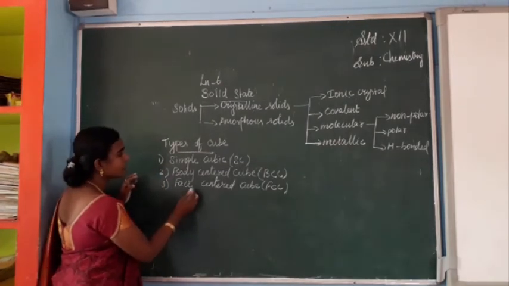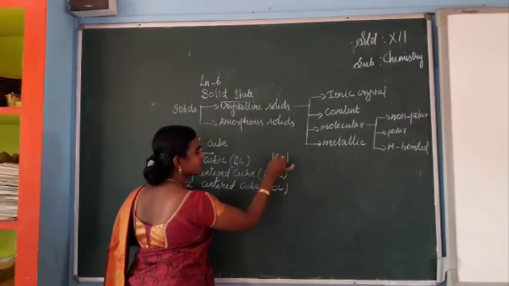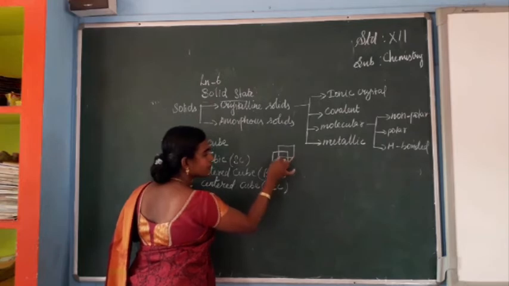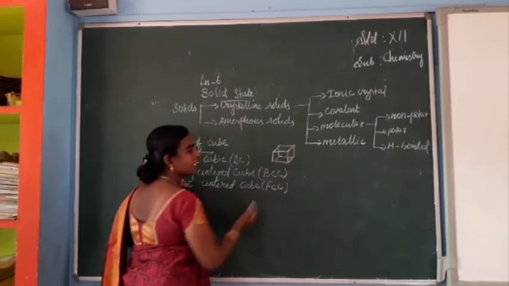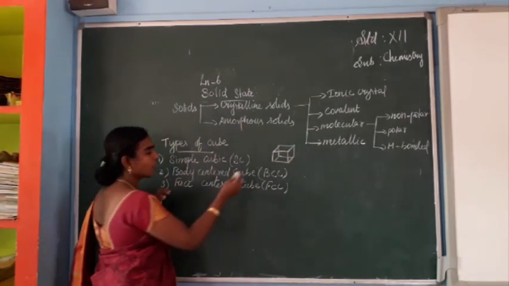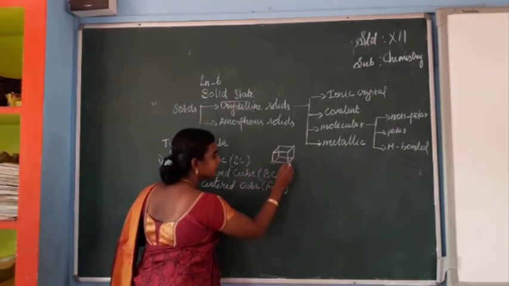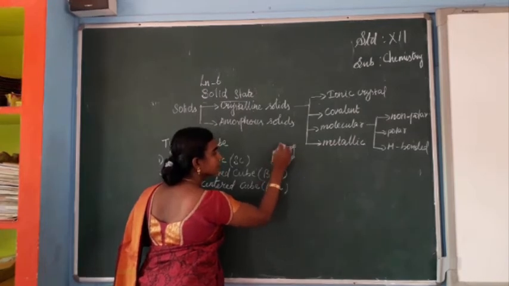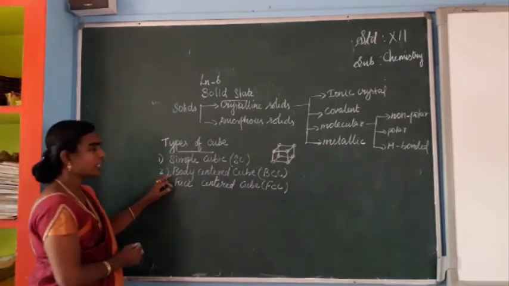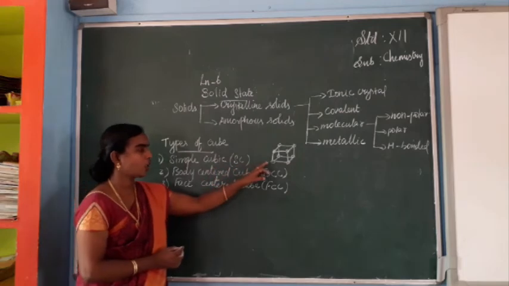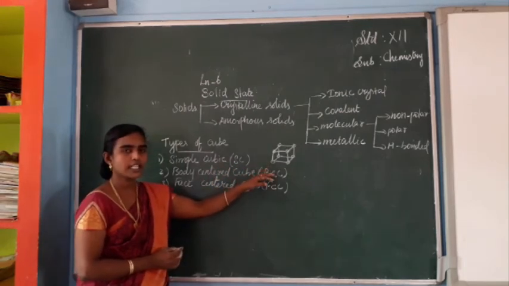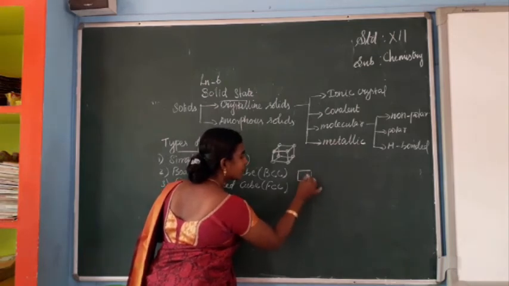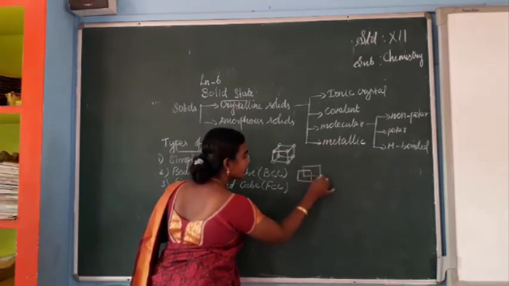Next, the simple cubic, body-centered cube and face-centered cube diagrams. So simple cube, it is like this. Atoms are present only at the corners. In body-centered cube, along with the corner atoms, an atom is present at the center of the body, like this.